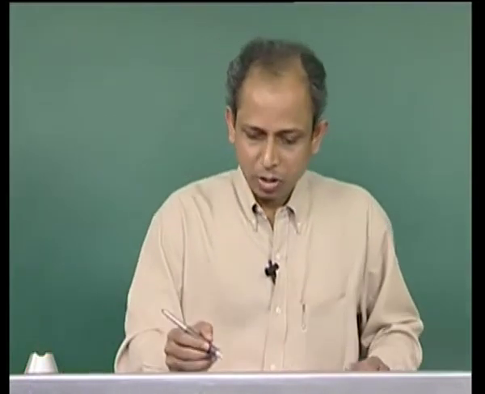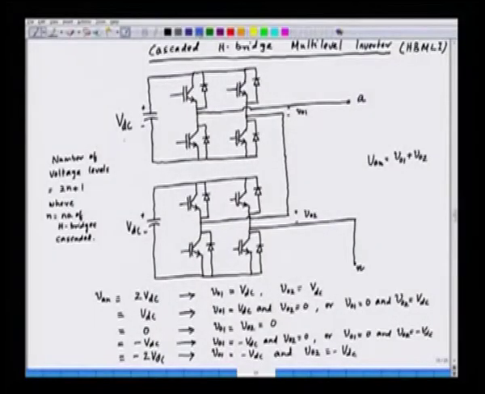So these are the voltage sources that we need. There should not be any connection between one voltage source and the other voltage source. That should be avoided. So here we have 2 independent voltage sources. Then if you have one more bridge in cascade, we need 3 independent voltage sources, and in general we would require n independent voltage sources.